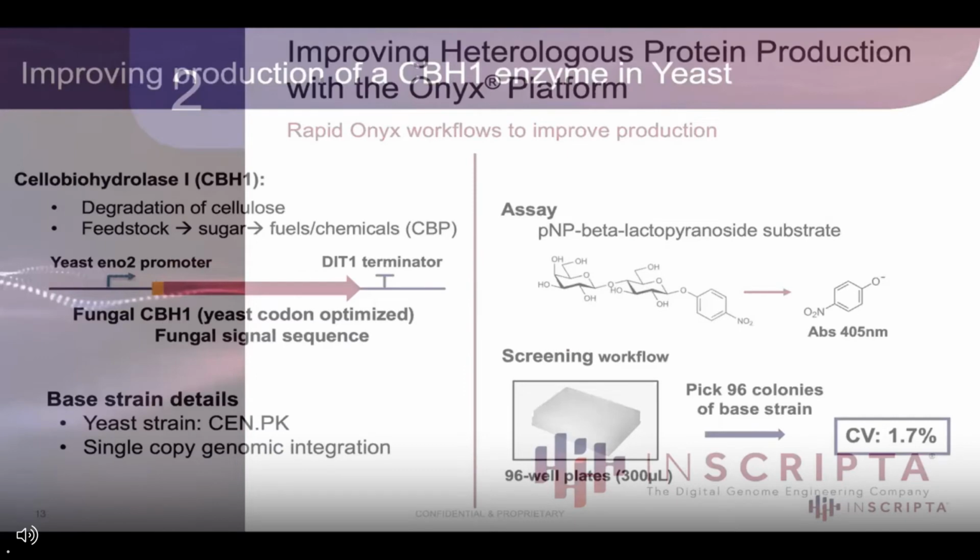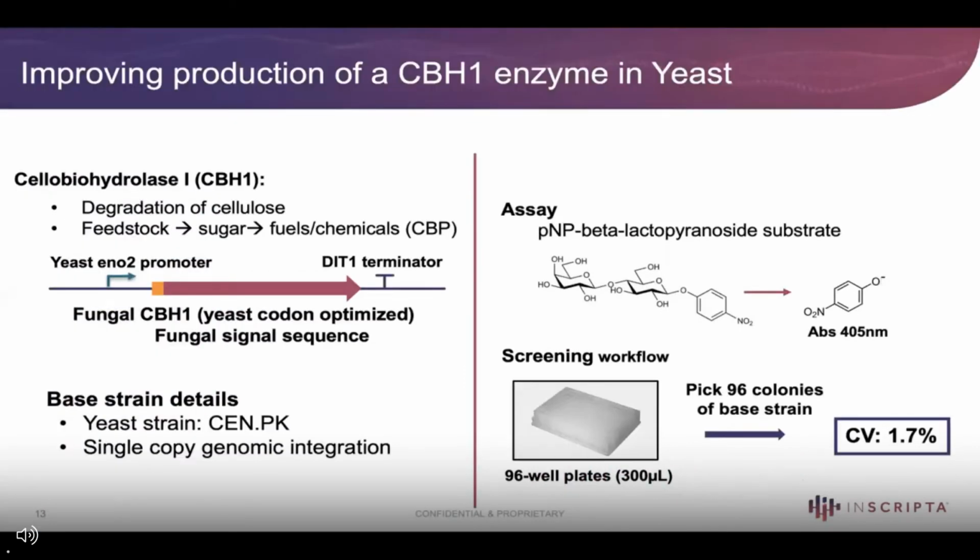So in this case, we had an interest in improving CBH1 production in yeast. CBH1, cellobiohydrolase 1, degrades cellulose and is involved in that pathway, which is really useful for industrial purposes.